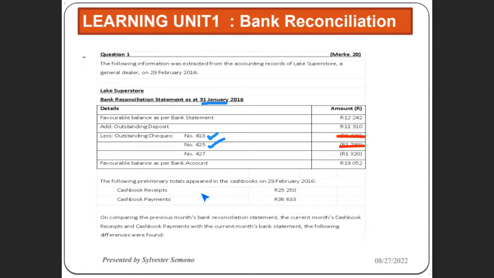CBR. So I know that this check that they said I must cancel, I'm going to go and record it in the CBR, because for me to cancel the payment, I must go to the receipt. So that's why this check 427 will appear in my CBR.